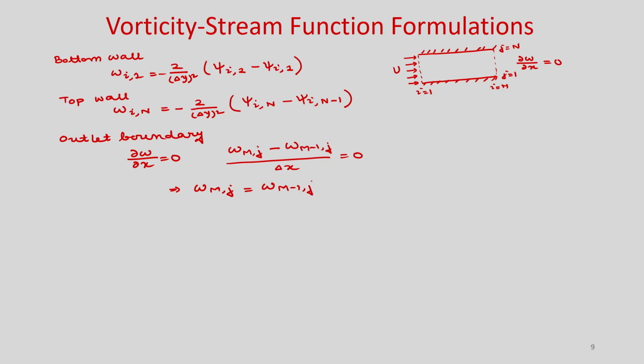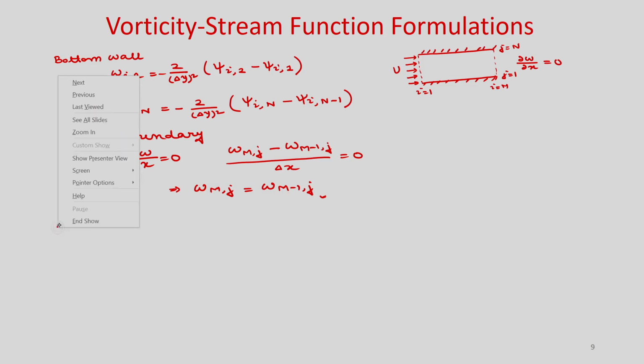You can use also second order one sided difference, but we have used for simplicity the first order accurate method. So, you can write omega m j is equal to omega m minus 1 j. What about the left boundary, inlet boundary?